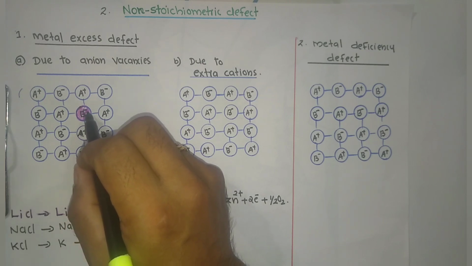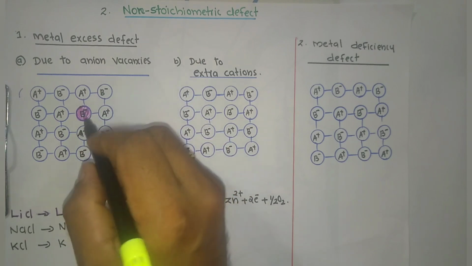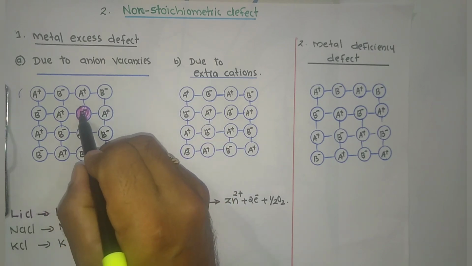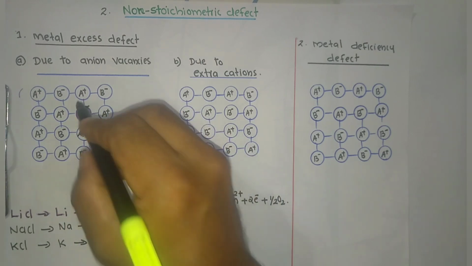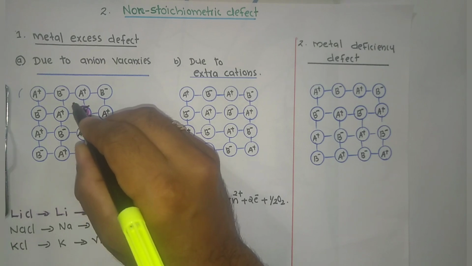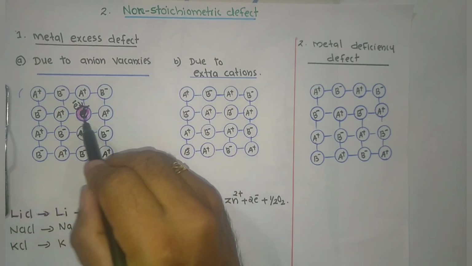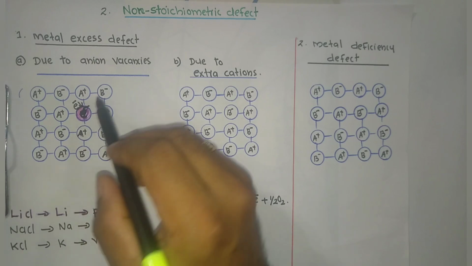Positive charge is greater than the negative charge. Then, in order to get the electrical balance, electrons are trapped at the vacancy of this anion. Clear?